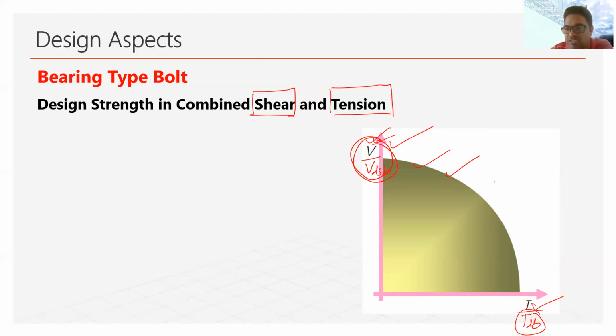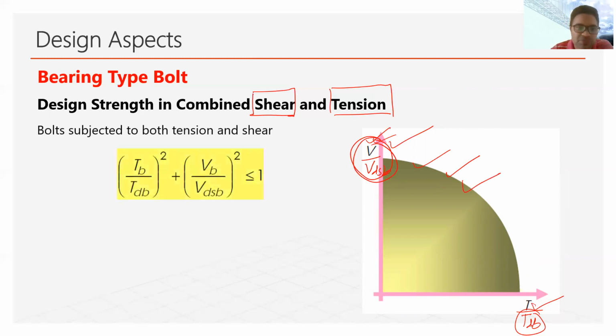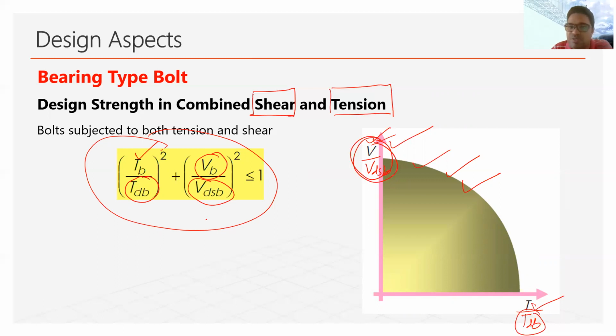So the equation of this curve will be this one. TB is the externally applied tension force on the bolt. TDB is the tensile strength of the bolt. Similarly, VB is the externally applied shear force on the bolt, and VDSB is the design shear strength of the bolt.